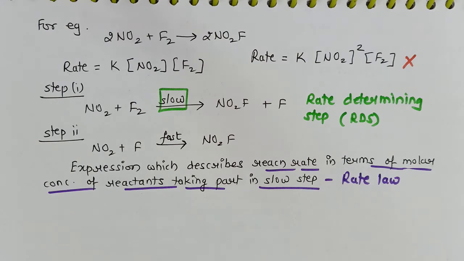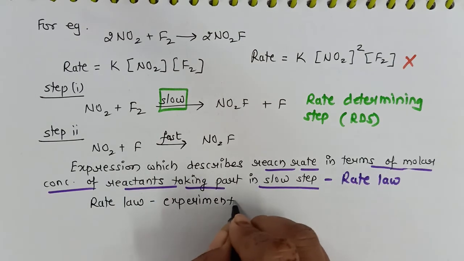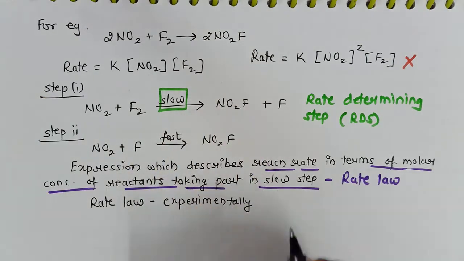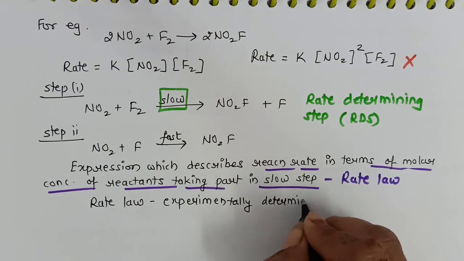Overall, we can say that always rate law is an experimentally determined factor. We cannot write the rate law from the given balanced equation. We have to know the rate determining step.